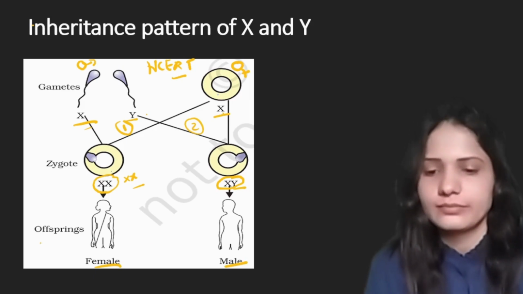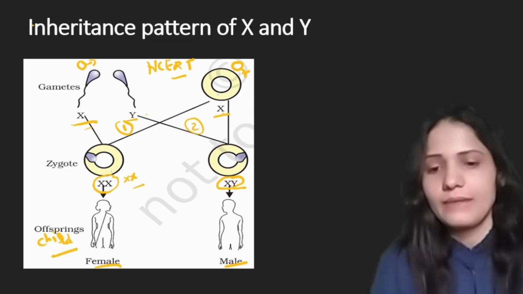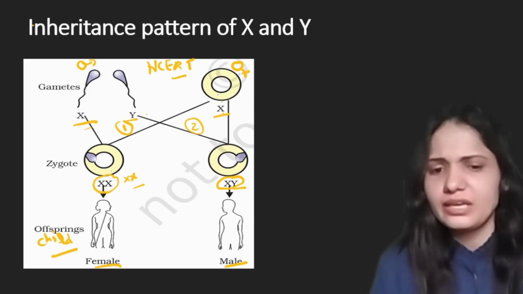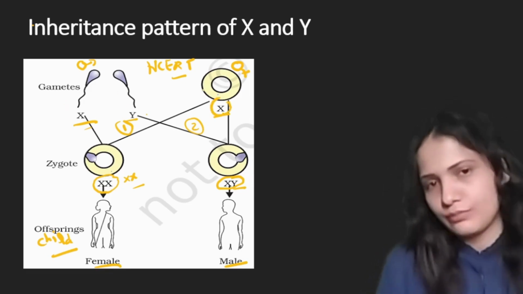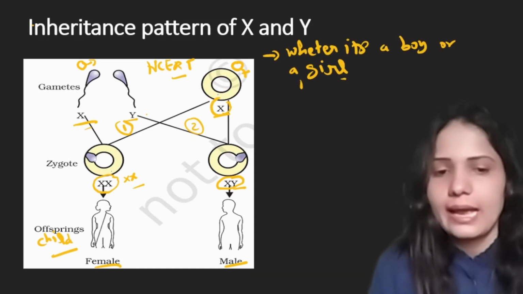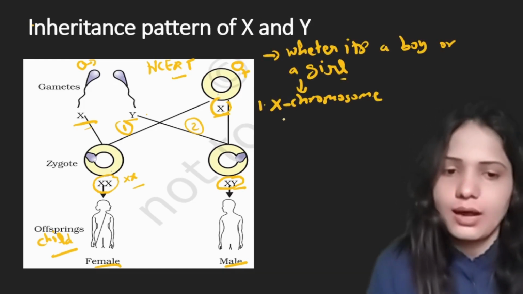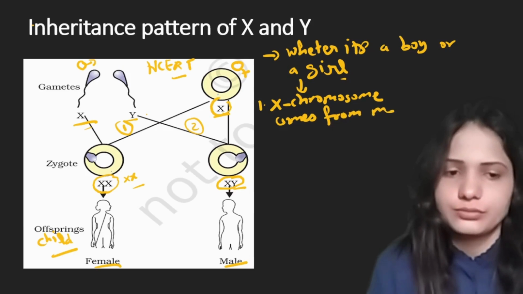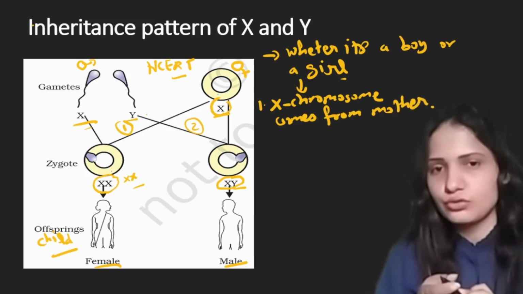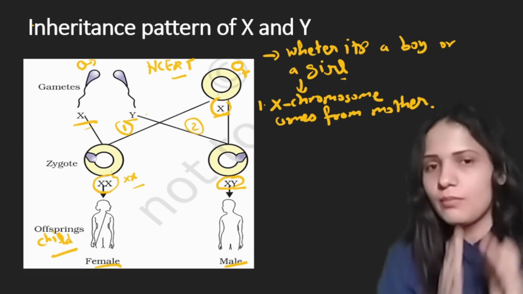Offspring means child, newborn. If you analyze this condition, in female we have only one type of gamete, that is X. So whether it's a boy or girl, the X chromosome always comes from mother.